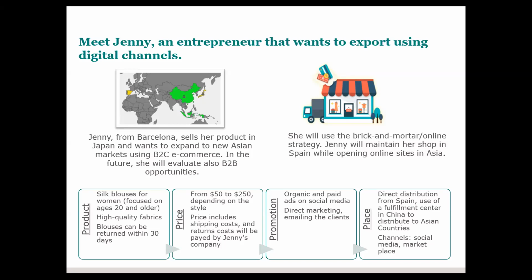Organic and paid ads on social media, direct marketing, emailing the clients. And also, Jenny will take into consideration the satisfied customers that may share the opportunity for other customers to buy her blouses. The place, direct distribution from Spain, use of a fulfillment center in China to distribute to Asian countries. Channels, social media, and marketplaces.